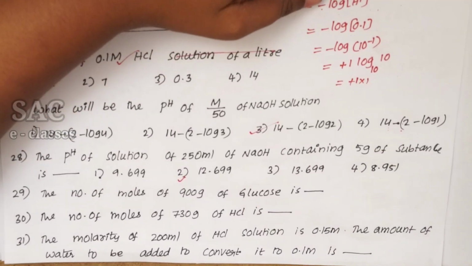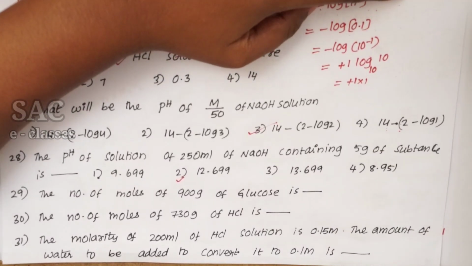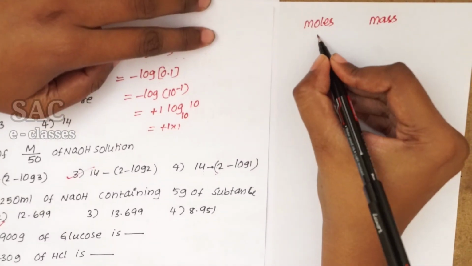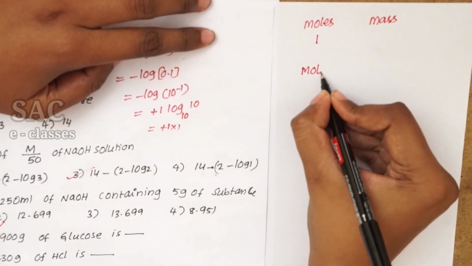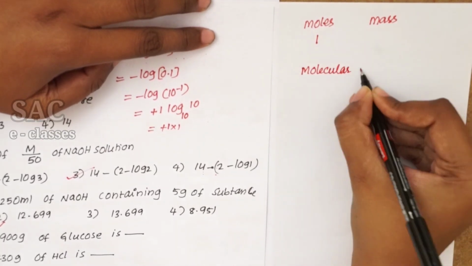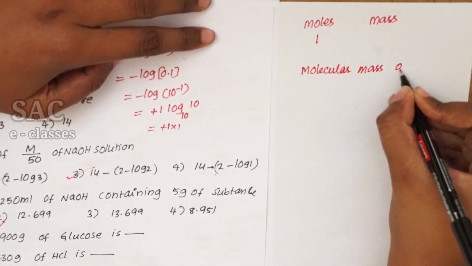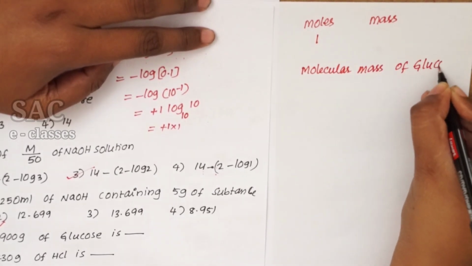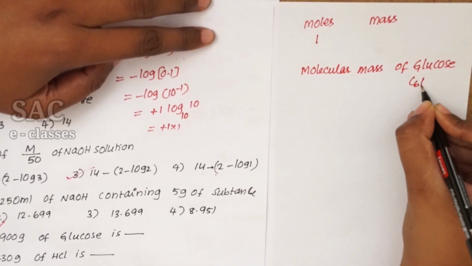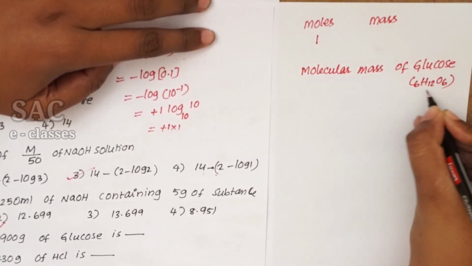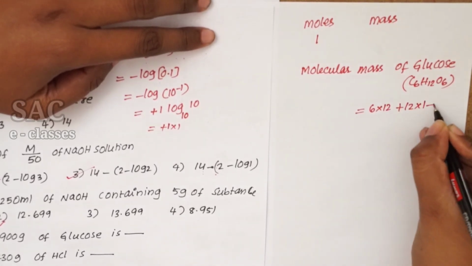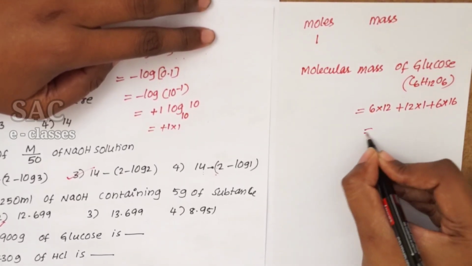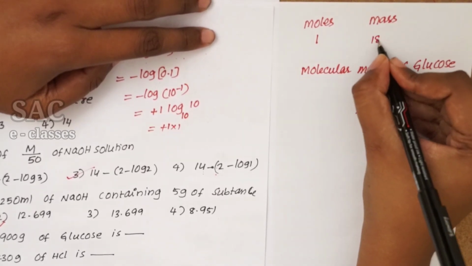The number of moles of 900 grams of glucose. 1 mole of glucose has a certain molecular mass. The chemical formula of glucose is C6H12O6. 6 into 12 plus 12 into 1 plus 6 into 16, that is 180.